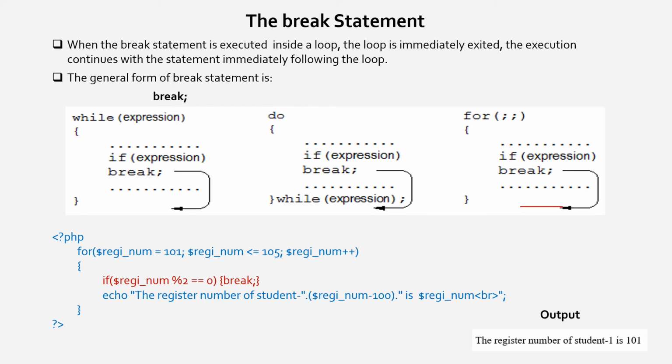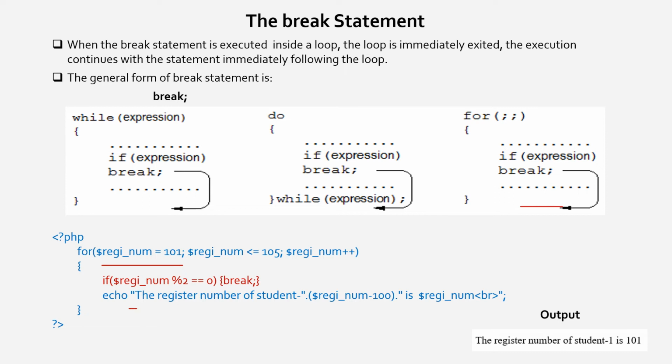See here, initially the register number is initialized to 101. Modulus we are checking for 101. Now the mod value is what? That is 1. So this condition is not satisfied. Break will not be executed.